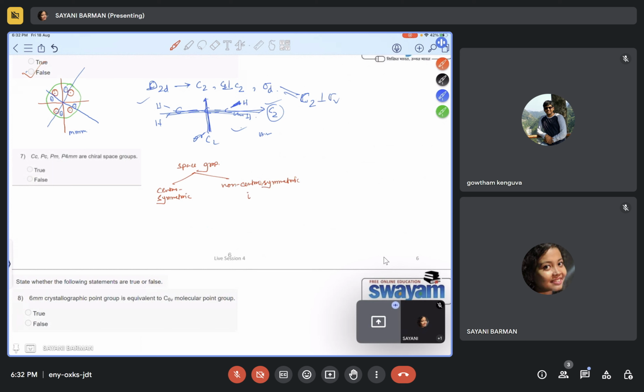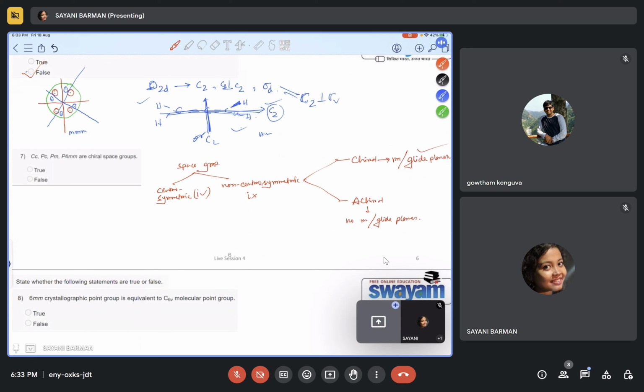Non-centrosymmetric means there is no inversion center, and centrosymmetric means there are inversion centers. Now, non-centrosymmetric space groups are divided into two sets, that is chiral and achiral. Chiral are what? Where mirror planes or glide planes are present. And achirals are what? No mirror or glide planes.